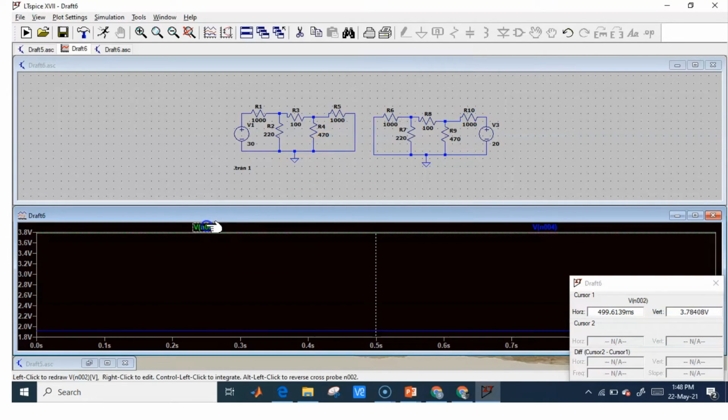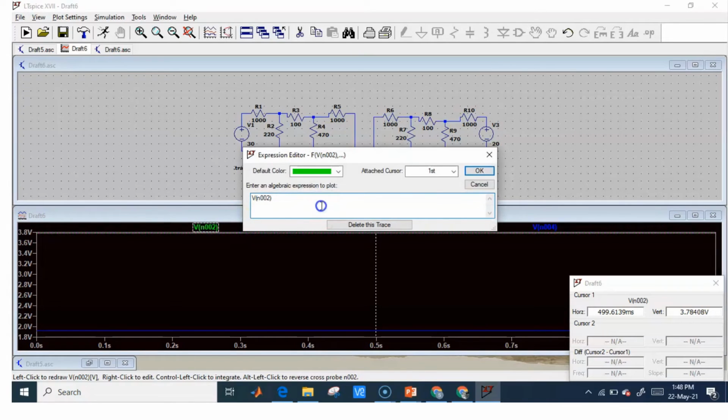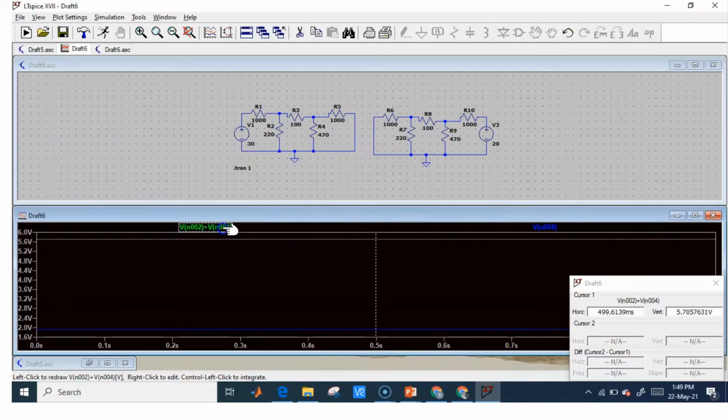Let me add that voltage with this, and we can check whether we have got the same voltage by keeping both supplies together. See the sum of the voltage. What we have got is 5.705 volt. The same voltage which we got when we had both supplies and verified in the before circuit. So the superposition theorem is working. We have checked it in our circuit.